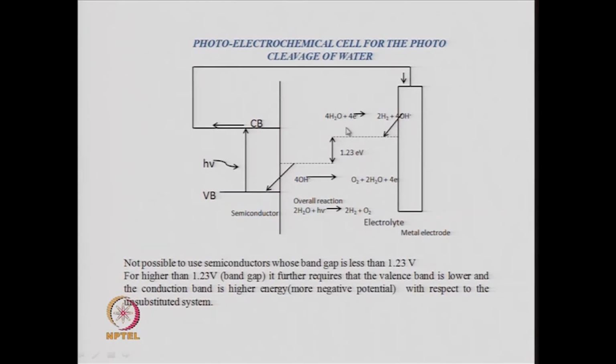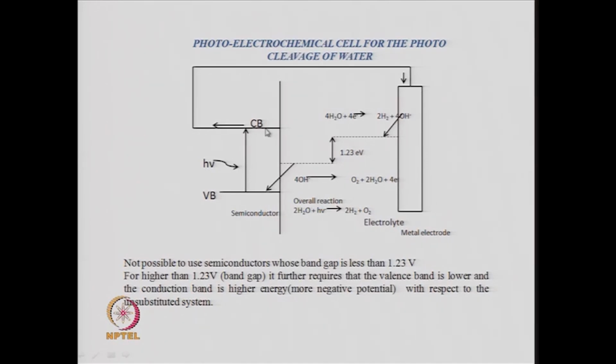So for this reaction the upper band or the conduction band is here and the valence band can be thought of as here, and the difference is what we discussed earlier, 1.23 electron volt.